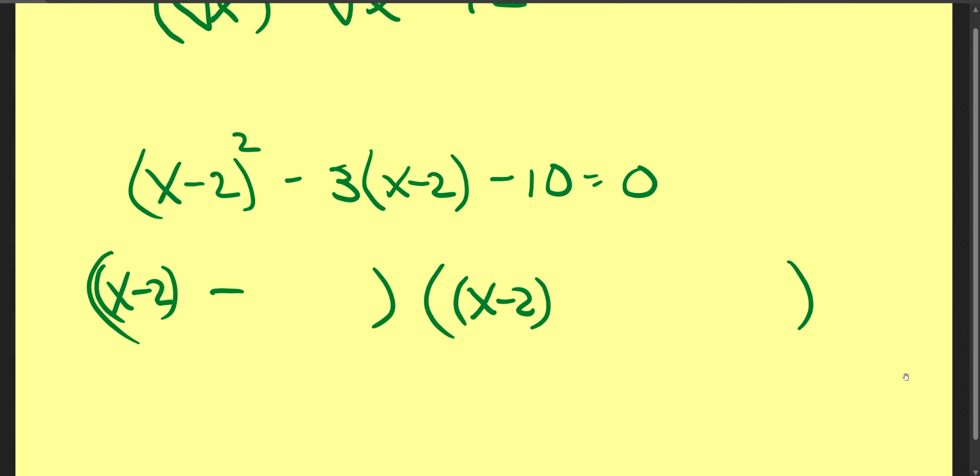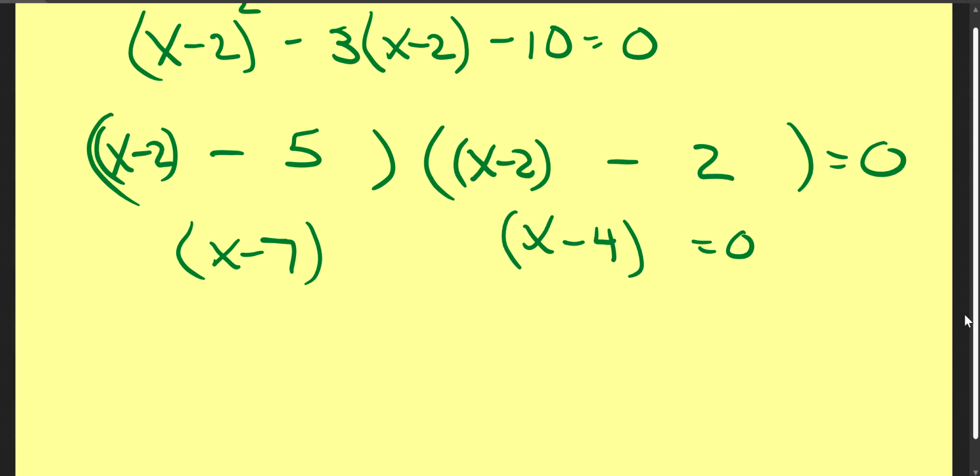I copy my signs down, and then I need 10 and a negative 3, so I'd have 5 here and 2 here. I'm not worried about the middle term. That's when you multiply it together. So this is equal to 0. Now this is going to be x minus 7, and this is going to be x minus 4, equals 0. Then you can get your answer from that.